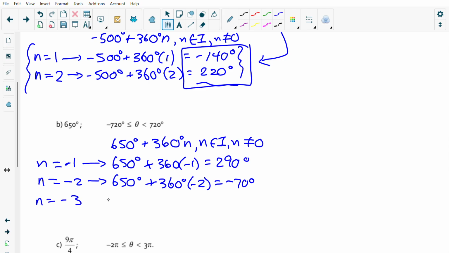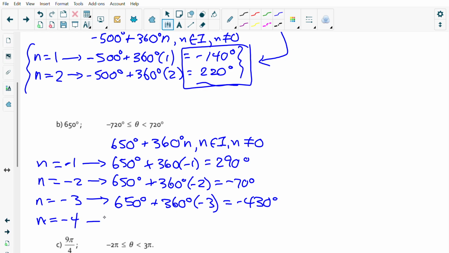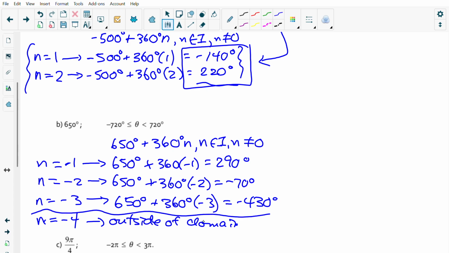N equals negative 3, that's 650 degrees plus 360 degrees times negative 3, and that equals negative 430 degrees. If I go n equals negative 4, that's outside of my domain. So I'll stop here.